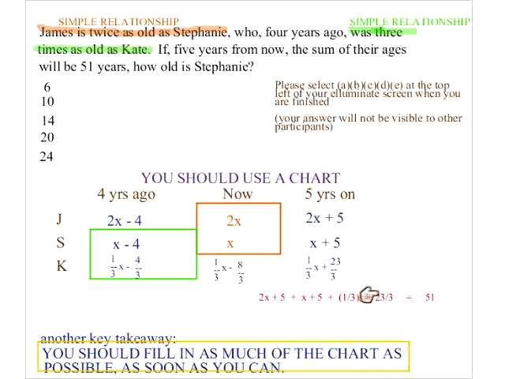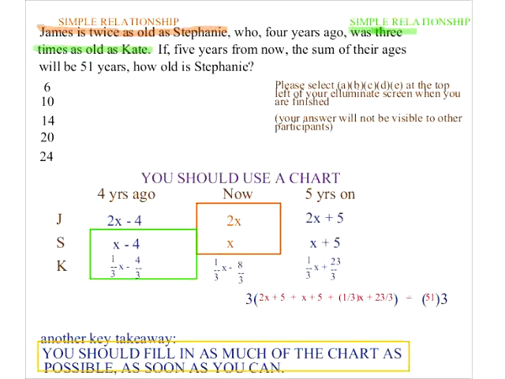So in order to kill these fractions, what you want to do is multiply everything by 3. So if you've got 3 times this, and you want to do 3 times this as well.